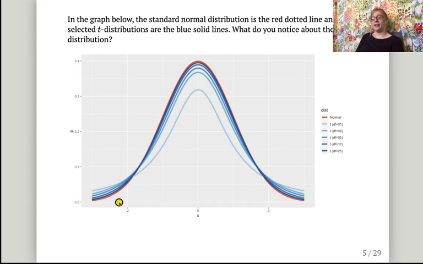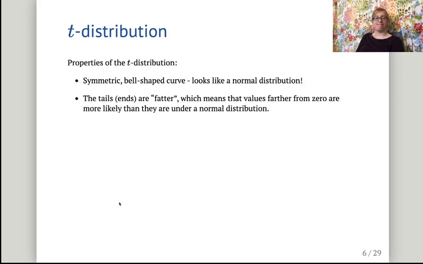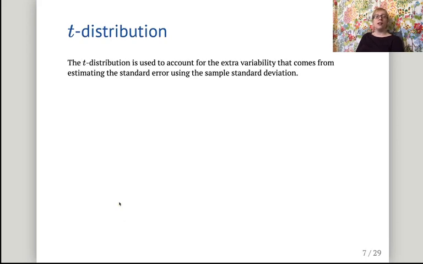We're more likely to see unusual t-values. Because this distribution is a little bit wider, it helps account for that extra variation that we've now introduced into our sample. So that's really why we like this t-distribution.